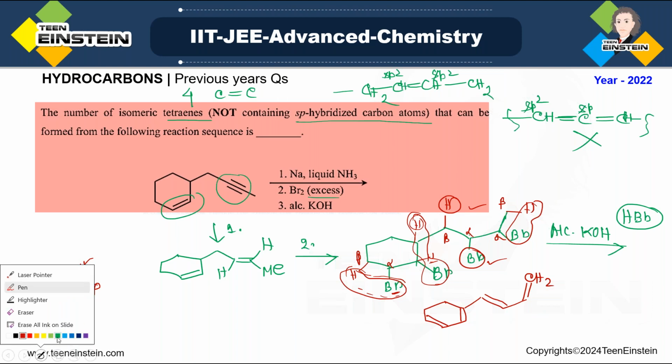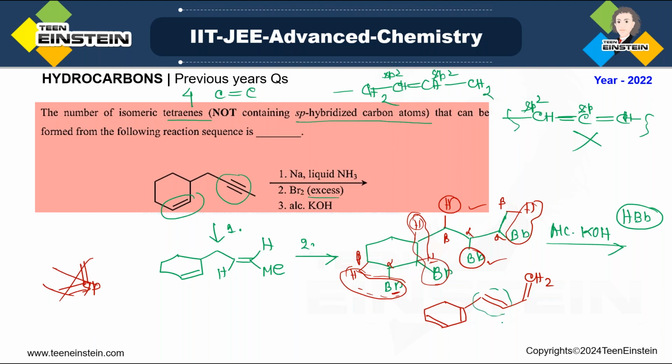But if you focus on this C=C double bond, here the position is configuration, isn't it? Because on this side you have a large group, the two hydrogens are like this. So another structure is also possible, and that structure I will write with a plus sign. So this part is again fine.